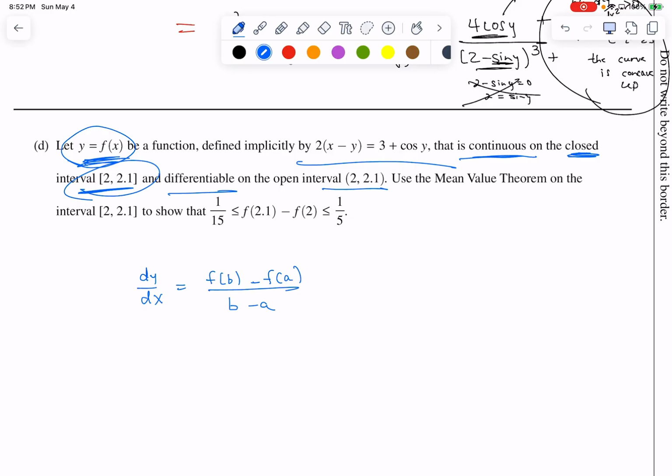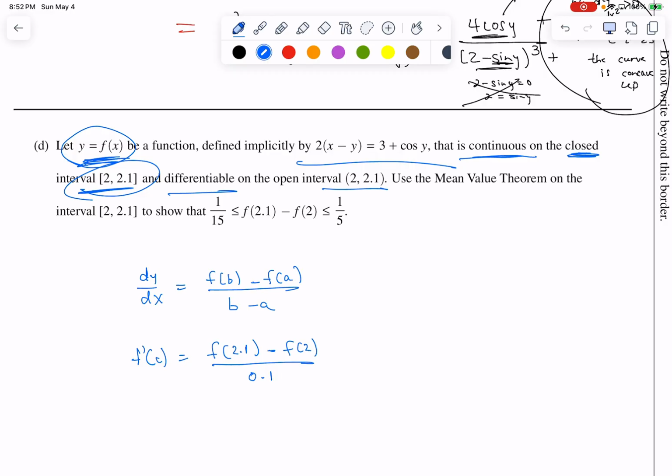So I want to say there's some value, we'll call it C. So there's some value C, f prime of C, that is equal to f of 2.1 minus 2, over 2.1 minus 2, which is 0.1. Does everybody agree with that?